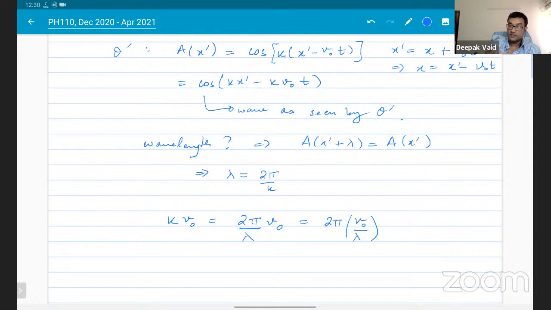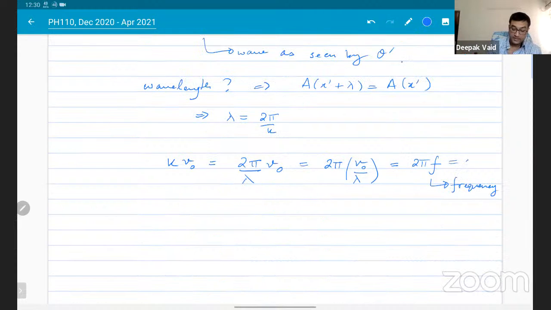Now, what is the relationship between the speed and the wavelength? If you take the speed and divide by the wavelength, you get the frequency, right? This is the frequency. And this quantity 2 pi times f is called the angular frequency, right?